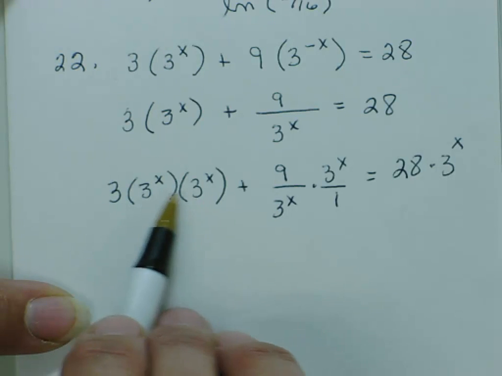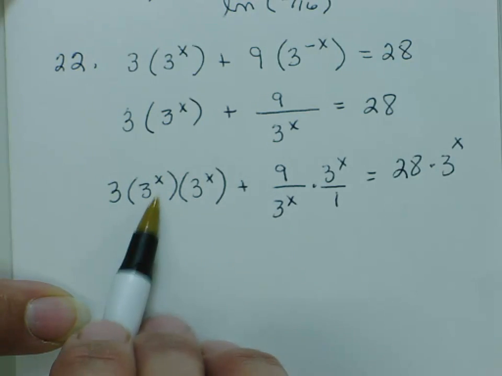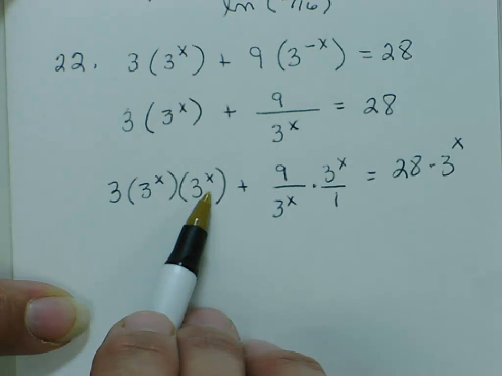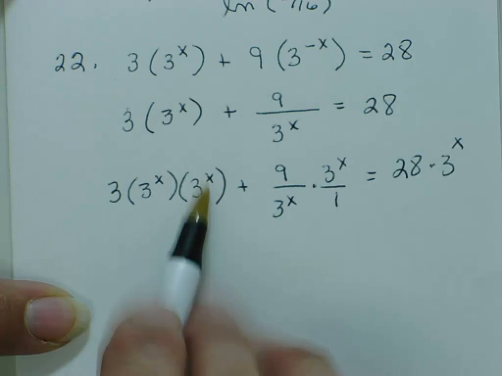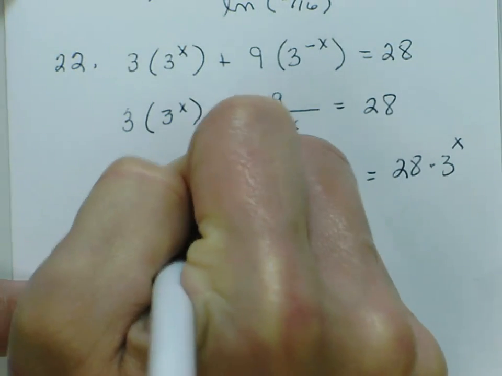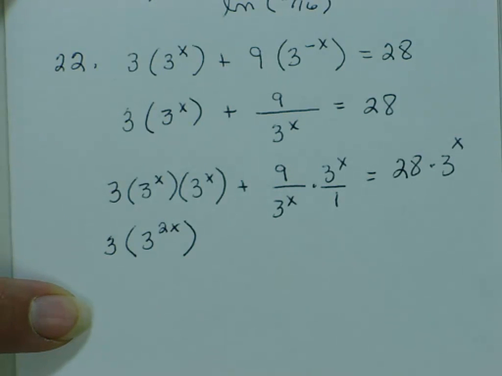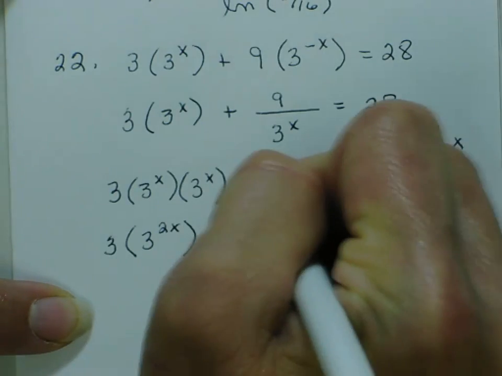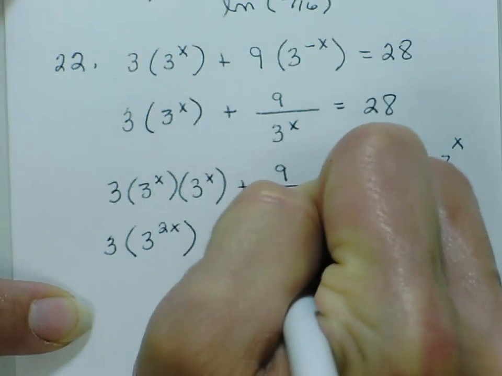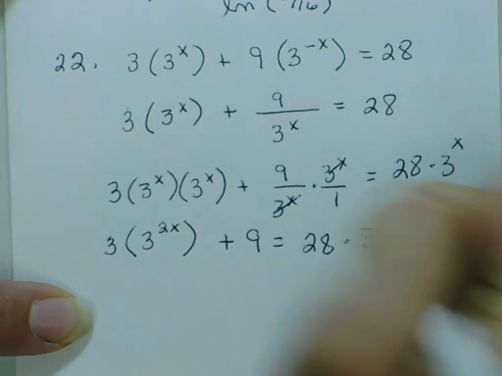When you multiply two expressions with the same base, you don't do anything to the bases, you just add the exponents. So, keep up with that other 3, but you have 3 times 3 to the 2x, plus 9 equals 28 times 3 to the x.